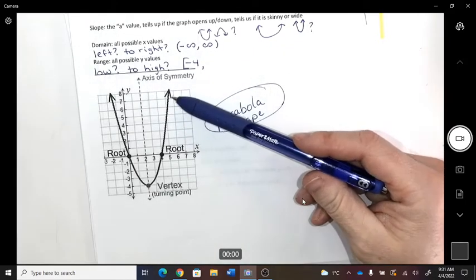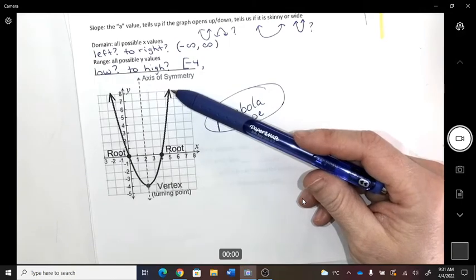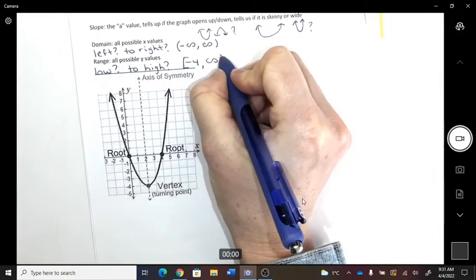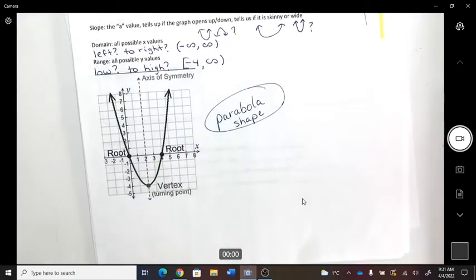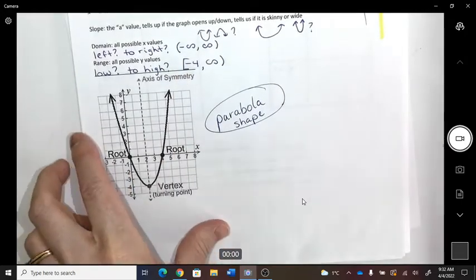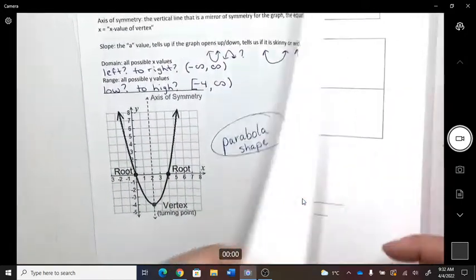How high does this go? These arrows mean it's going up, up, up, so yes, you said infinity. Do you notice how my bracket is what we call a soft bracket versus a hard bracket? That just means exactly when I have a hard one.